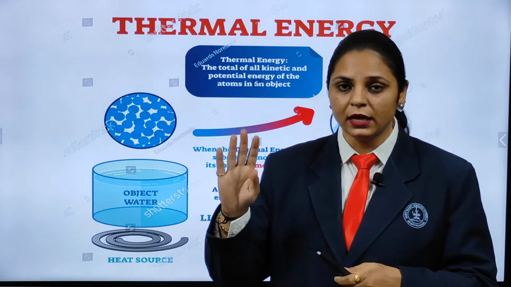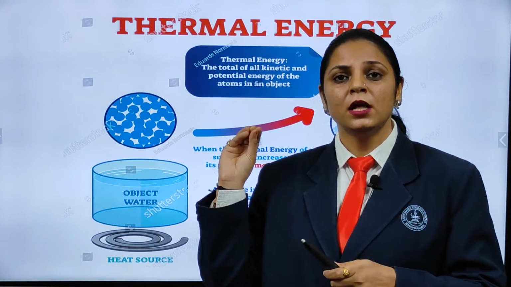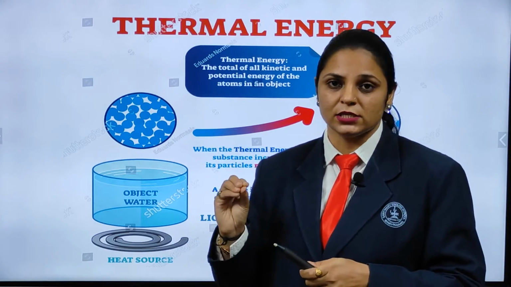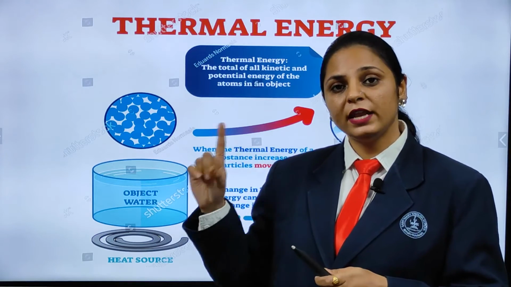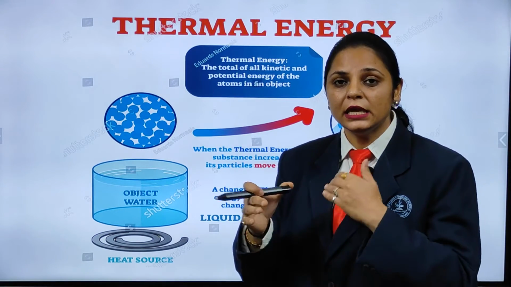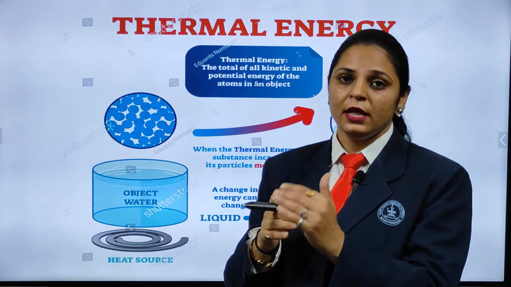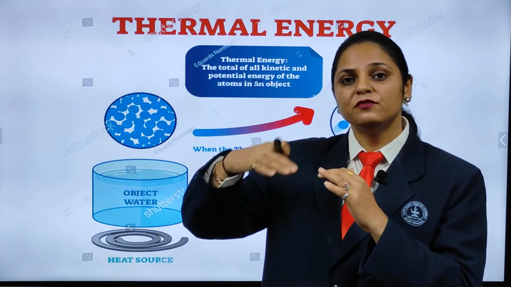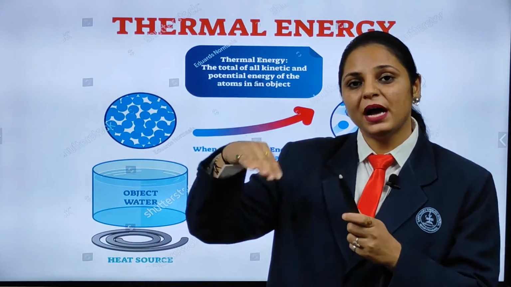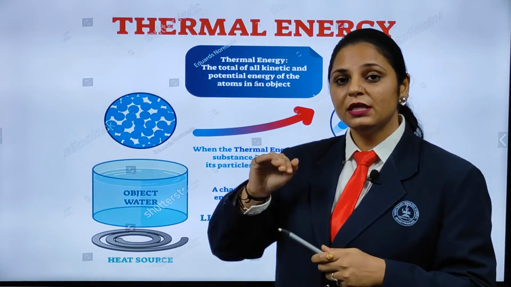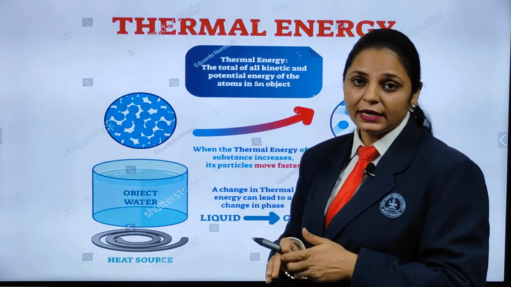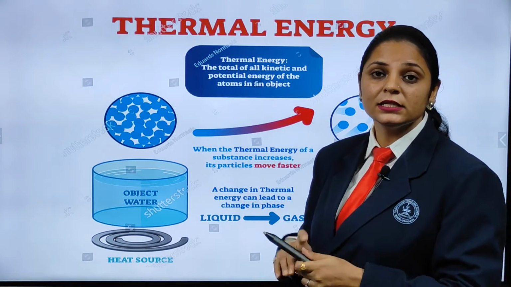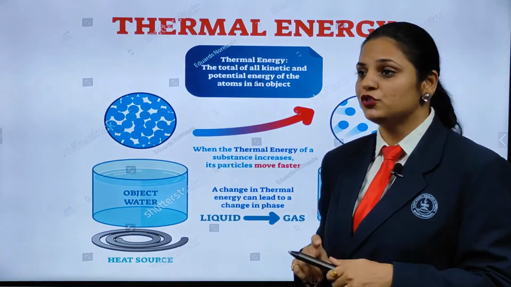When it is just lying there, at rest and not moving, it possesses potential energy. But when heat is given to any object, the molecules become faster in movement and pass it on to adjacent molecules. The vibration starts. In that case, it is kinetic energy. Kinetic energy is that possessed by a moving object.